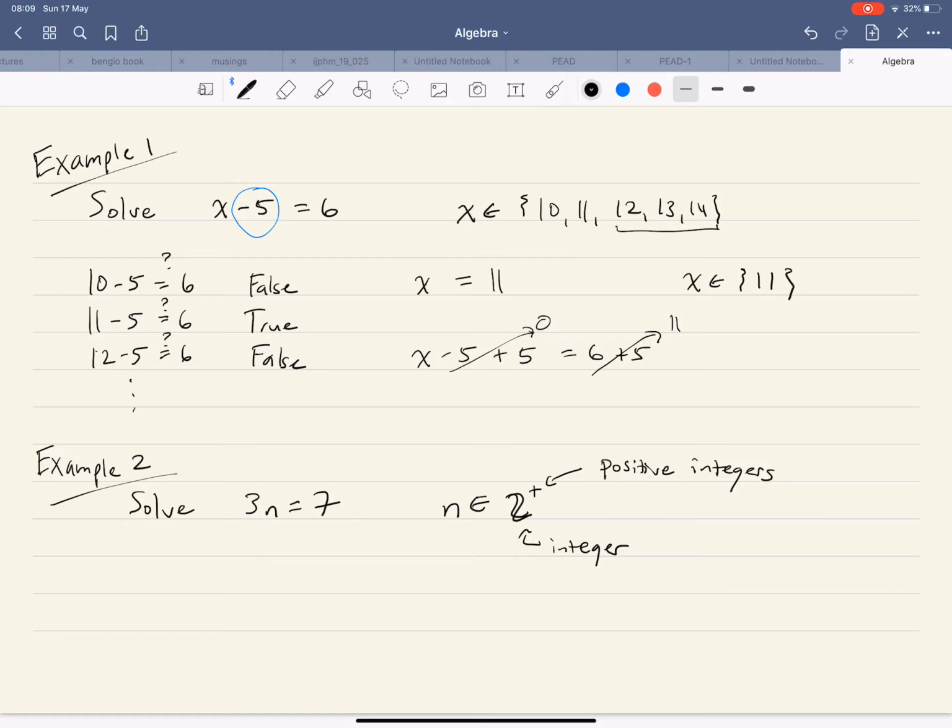So if I first ignore the domain, don't even think about it, then I might say, well, in order for this equality to be satisfied, then n needs to be 7/3. Okay? When I look back at my domain though, I say, well, 7/3 is not in the domain of n. n cannot be a fraction.